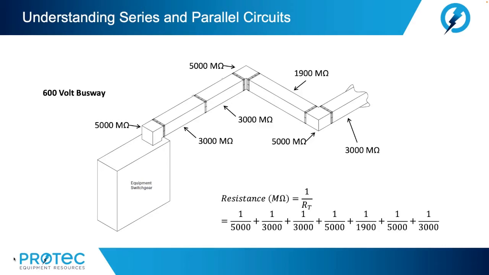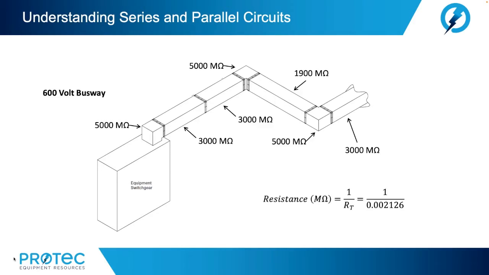Okay, well, again, the resistance in megohms would equal 1 over the total resistance, which is going to equal 1 over 5,000 ohms plus 1 over 3,000 ohms plus 1 over 3,000 ohms, so on and so forth.